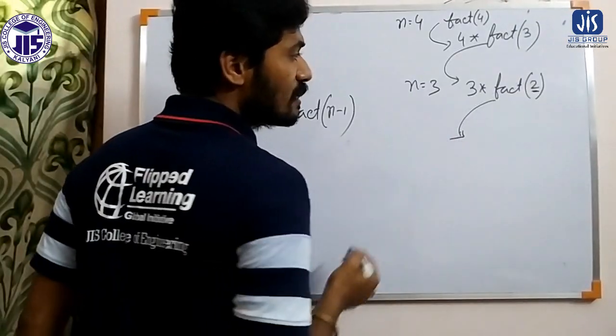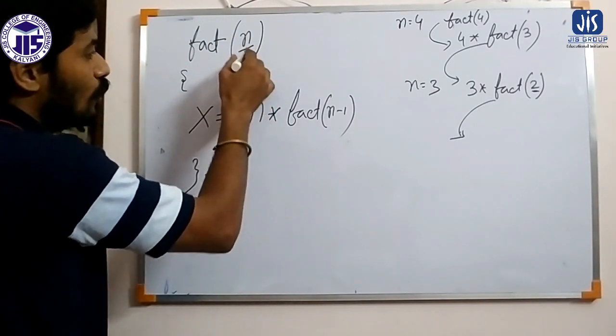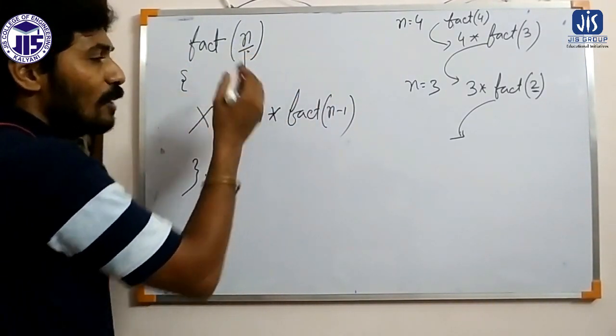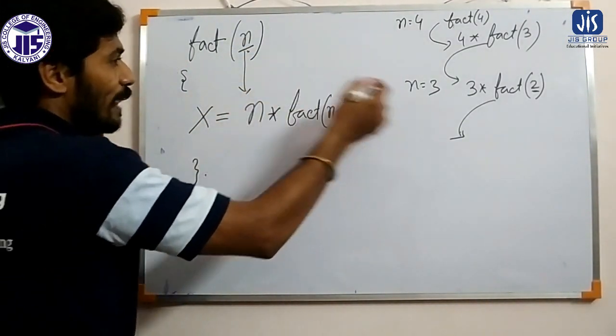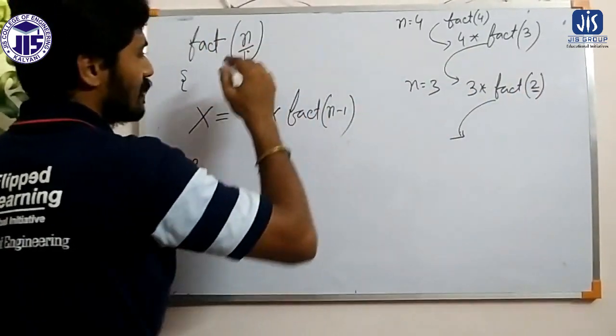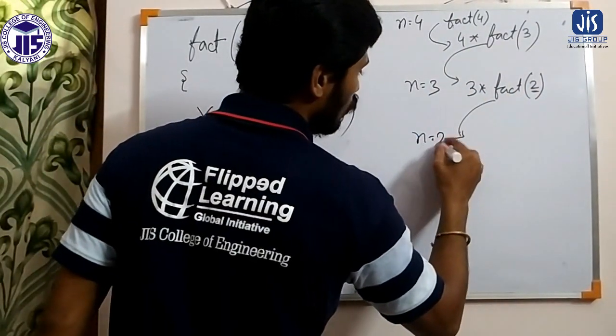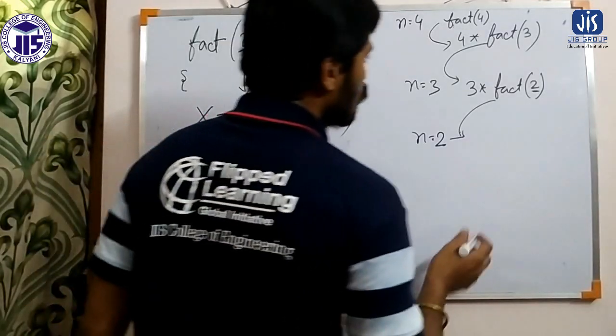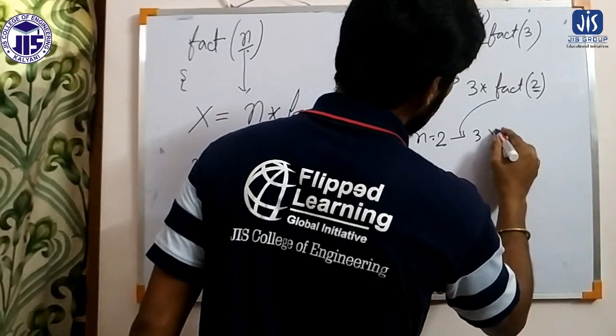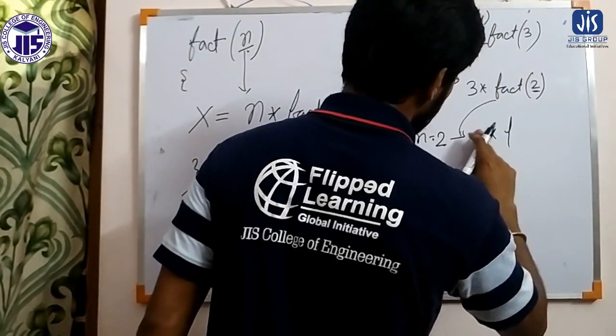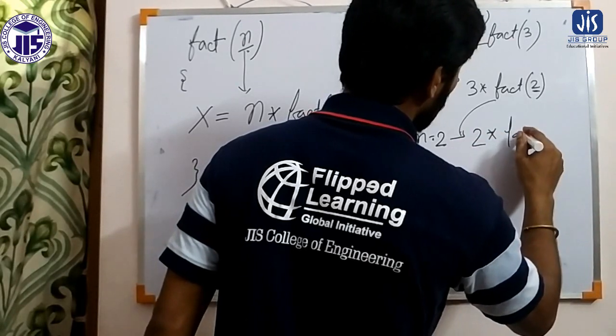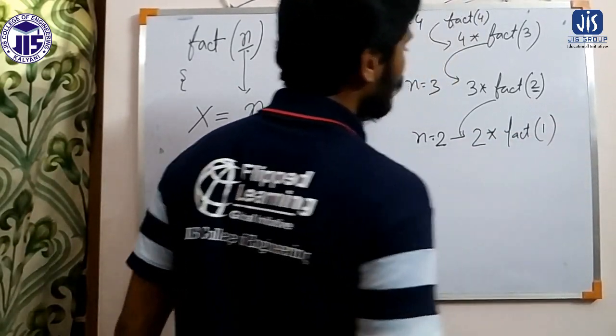Now the value of n is 2. Here you can see the value 2 will be assigned to n, because through n we are basically receiving the argument. So the argument is n minus 1, which is 2, that will be assigned. So n is equal to 2 now. So it will become 2 into fact 1.